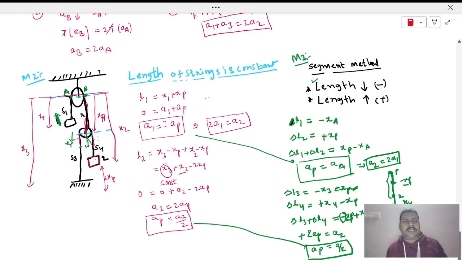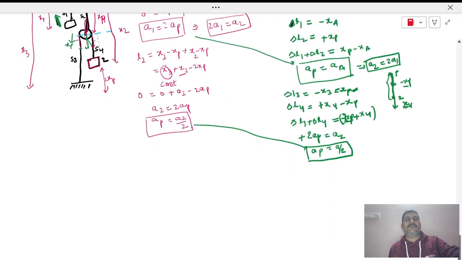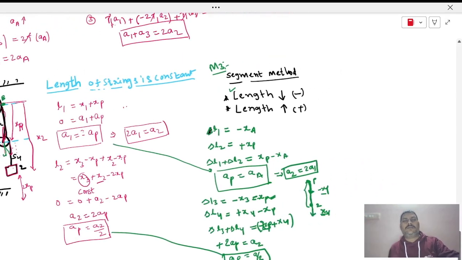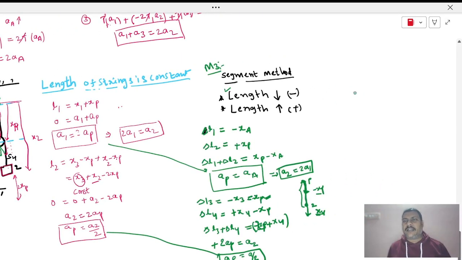So in the shortcut method, that is motion of pulleys. See, in the shortcut method here, this is the pulley. The pulley is moving downwards, and here is the third point, and here is the second point.